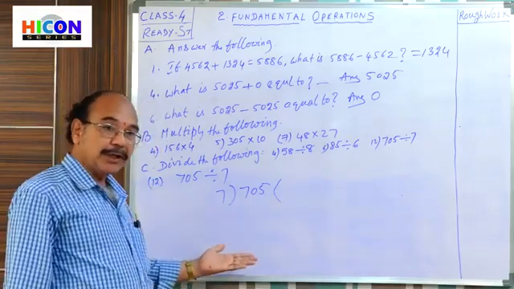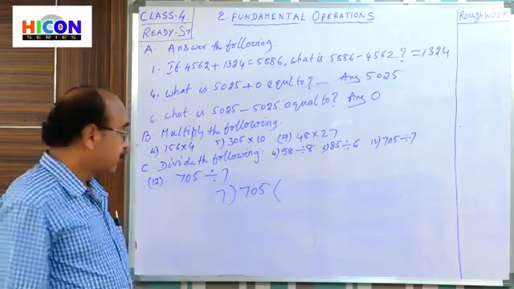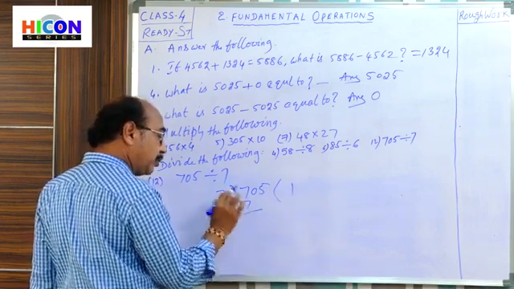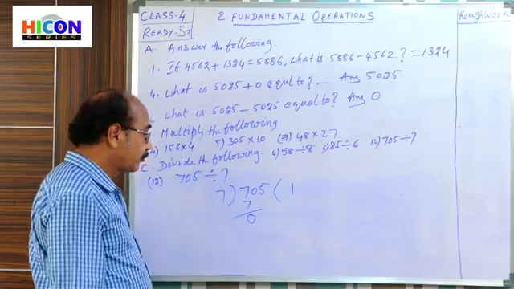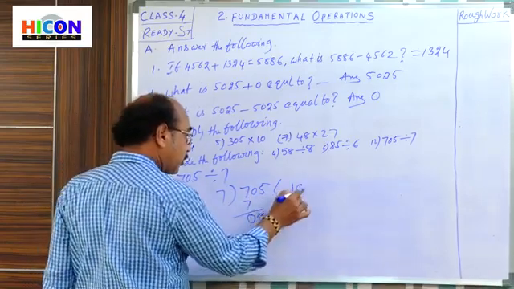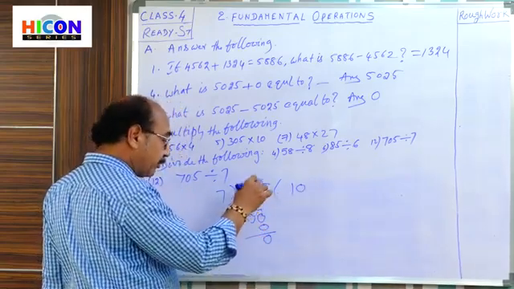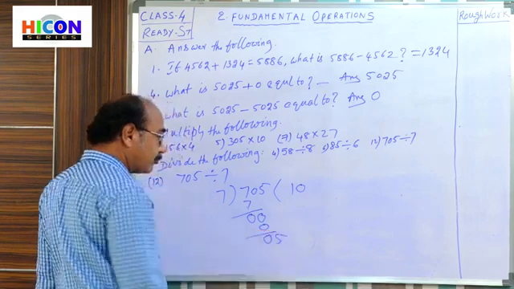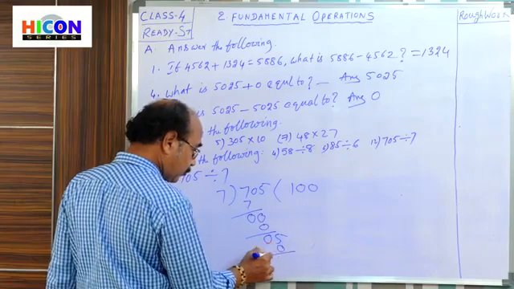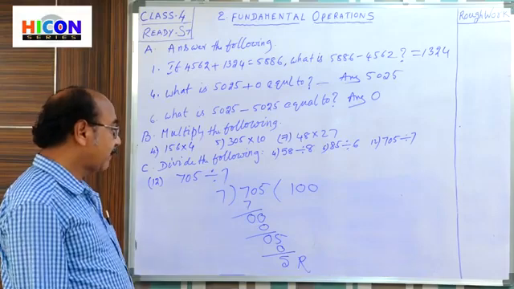As usual, you take the dividend; you are thorough with the 70. So see, 7 ones are 7. 7 minus 7, 0. Now bring down the number 0. 7 zeros are 0. Now from the dividend we bring down another number. 7 zeros are 0. 5 is the remainder.